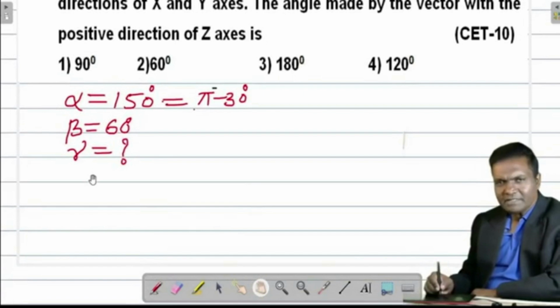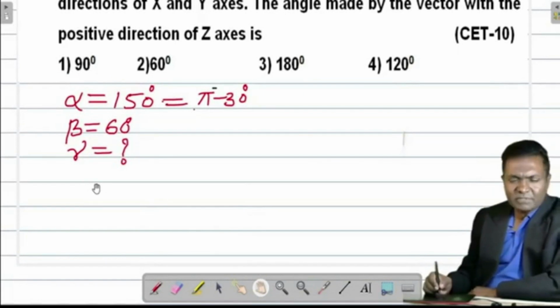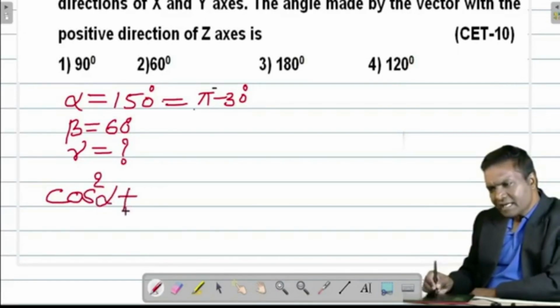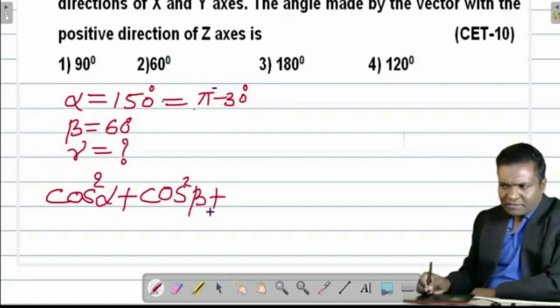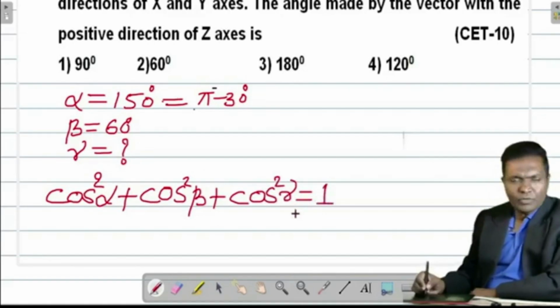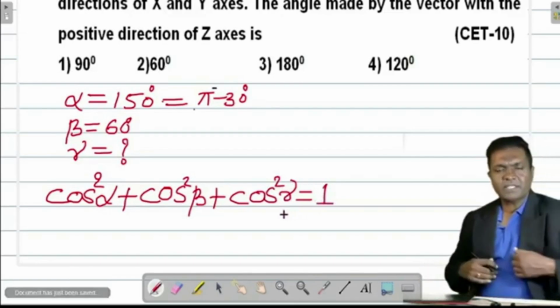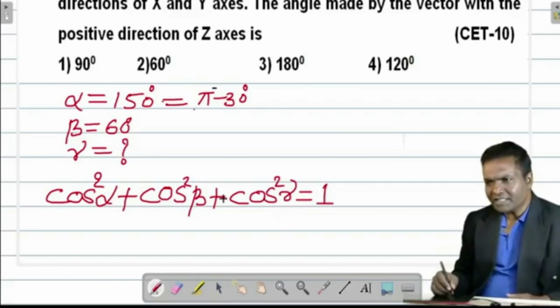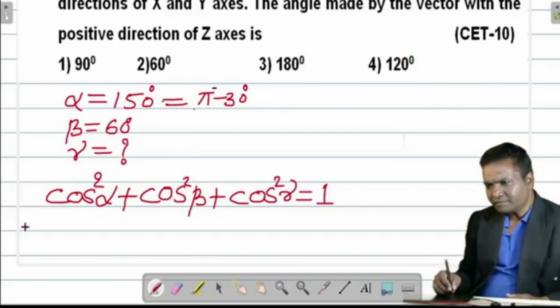Gamma means angle made by the space vector with z axis. We know this very important relation, that is cos square alpha plus cos square beta plus cos square gamma is 1. That we know, sum of the squares of the direction cosines is always 1. So using this relation, you can calculate your gamma.